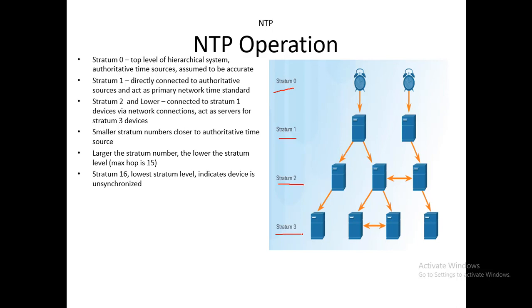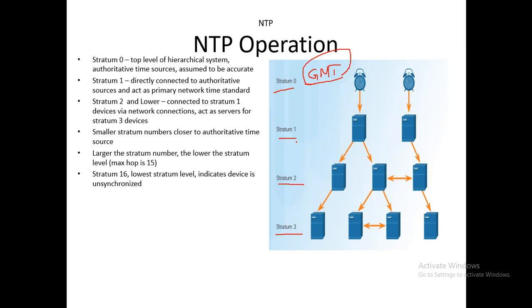Stratum 0 is the top level of the hierarchical system of authorized time sources, and it is assumed to be the most accurate. For example, let's say this is GMT, Greenwich Mean Time. This is your stratum 0. This is just an example of a global time that you can take as a reference.